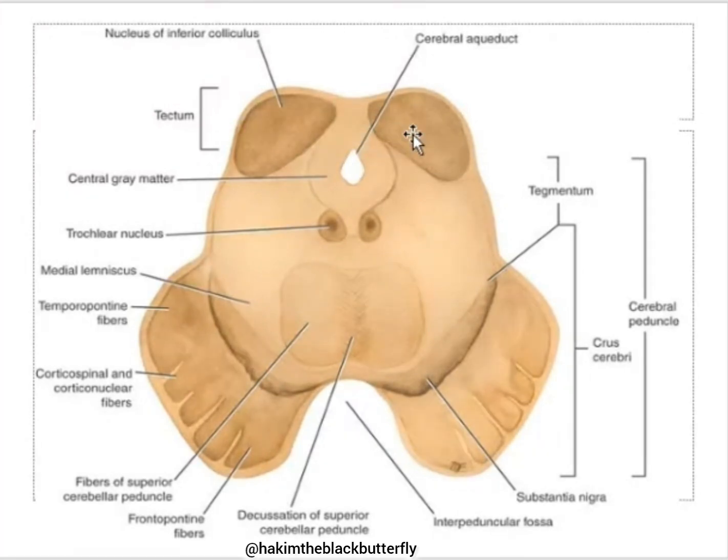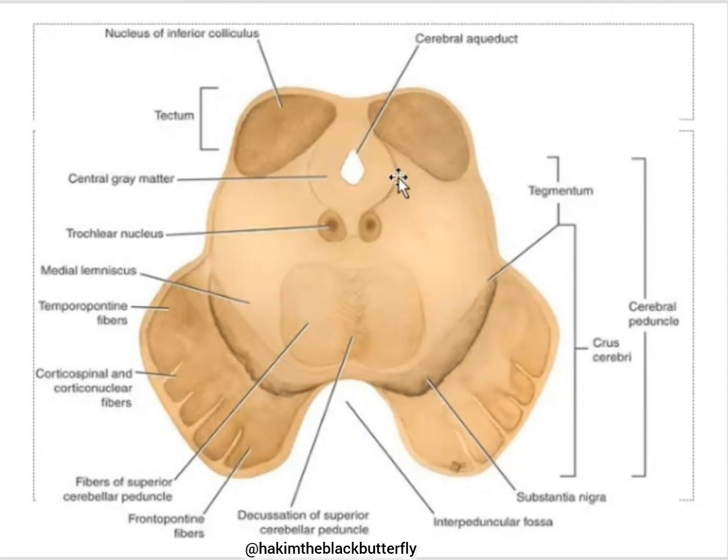Posterior to it is the tectum, and because we are at the level of the inferior colliculus, we shall see the two bulges of the inferior colliculi on the left and on the right.